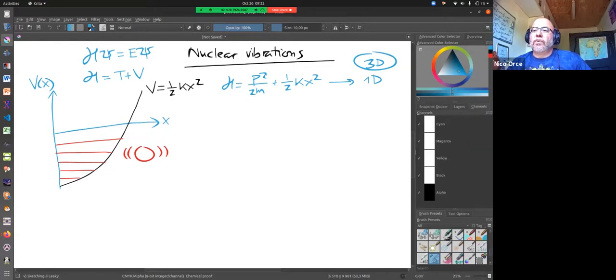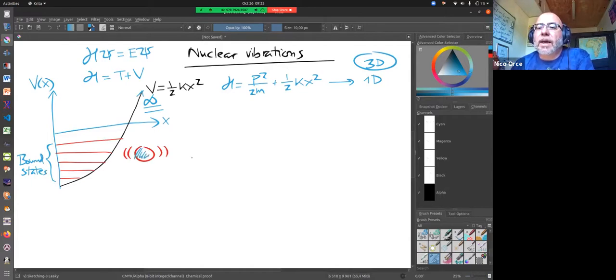Right away, we can see there's an issue here because this goes to infinity, and infinities are not good partners in mathematics. All these infinities lead to mathematical issues, but we're interested here in the bound states for this nucleus which is vibrating.